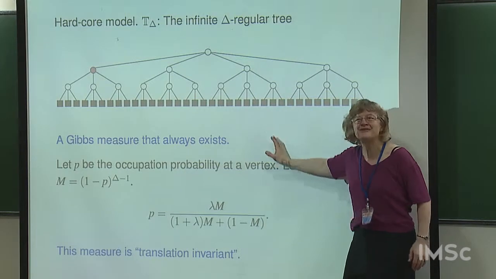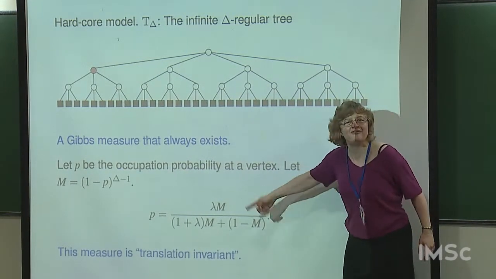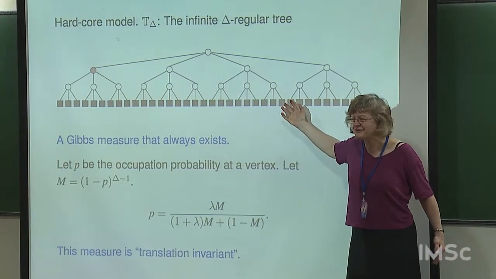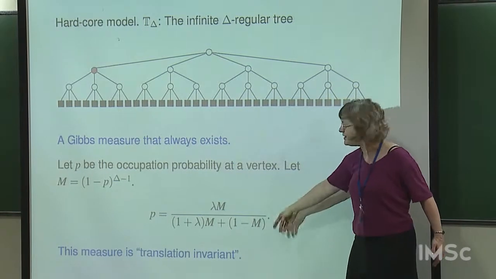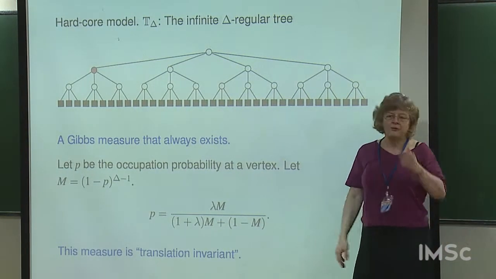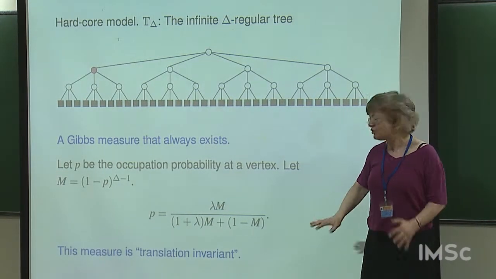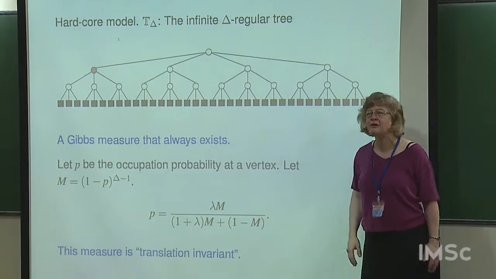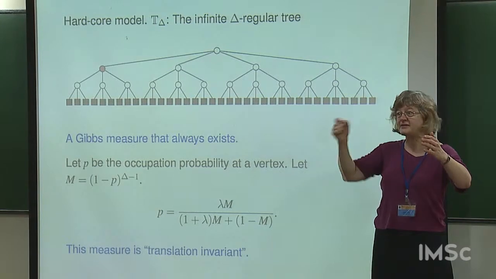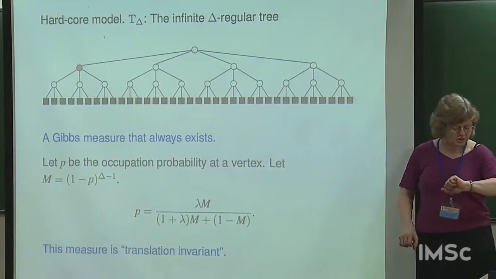My way of introducing it was a little bogus, but once you have the equation, you can see that if you just solve it for p, that would be an infinite Gibbs measure, because every vertex has occupation probability p in the whole tree. Does that make sense? Okay, so that's a Gibbs measure, and that's one that's always there. We can't get rid of that. It's called translation invariant. That just means that every vertex has the same occupation probability. Okay, so that's one Gibbs measure.